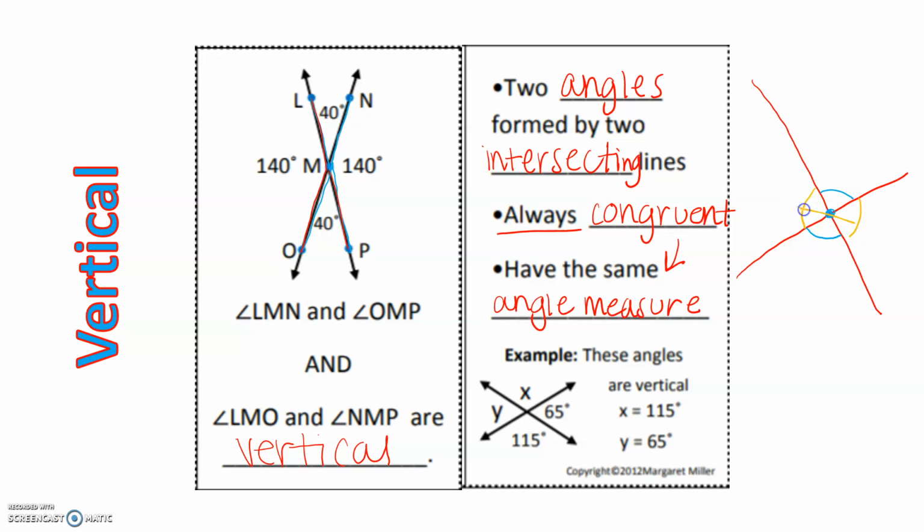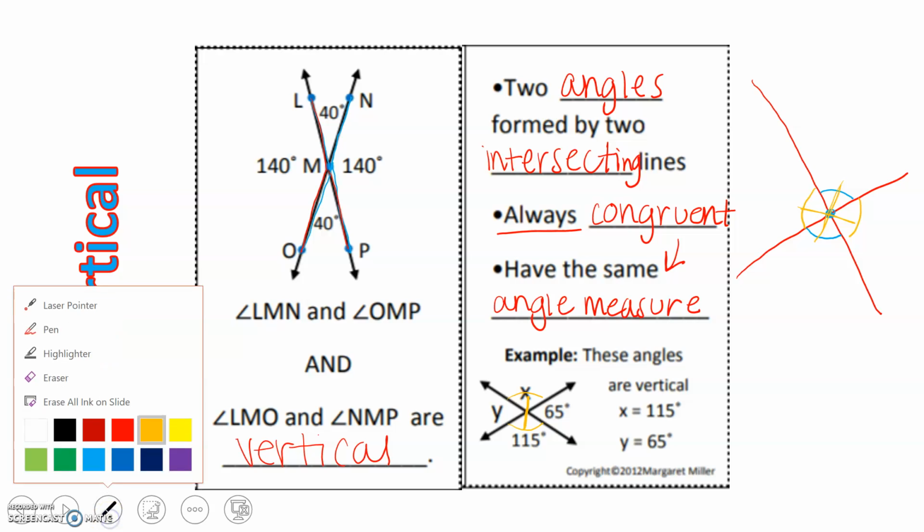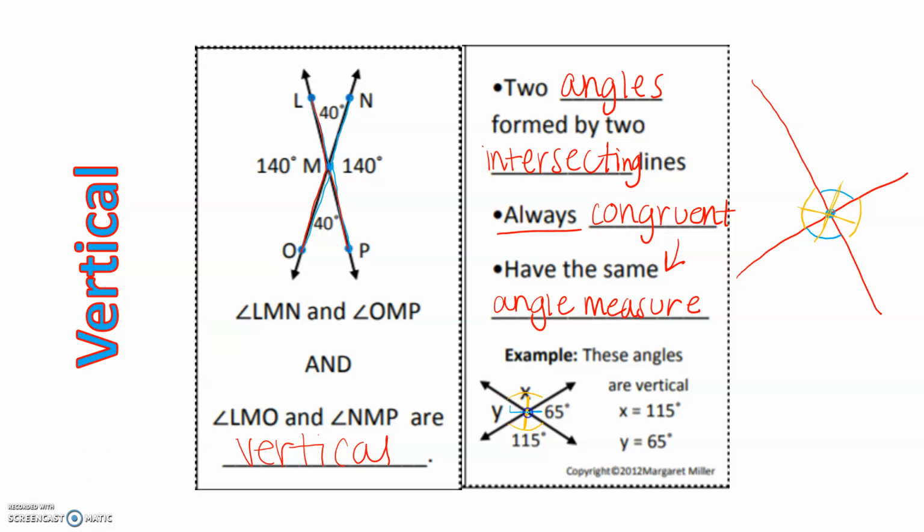They're just vertical from each other. They're opposite each other. So these angles are vertical. So if this is 115, that means that this x right here is going to be 115 as well. And the same thing for this y. If this is 65, the y is 65.